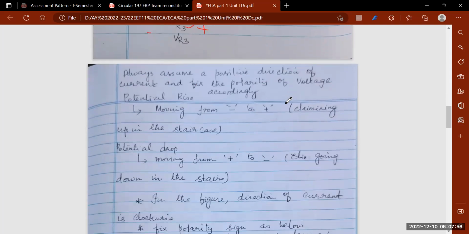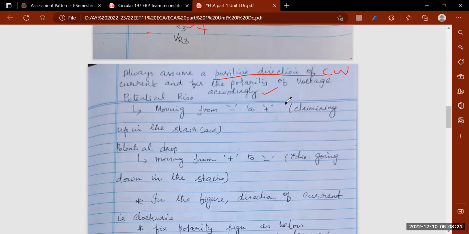We have to always assume a positive direction of current. Always assume the positive direction of current as clockwise, and fix the polarity of the voltage accordingly.